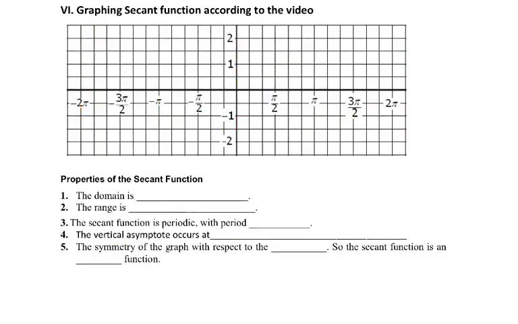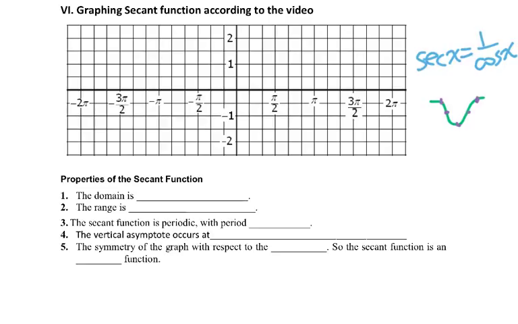Now let's graph the secant function. We know the secant function equals 1 over cosine x. So we will draw cosine x first. Your pattern is like this. I need 5 points: 1, 2, 3, 4, 5.